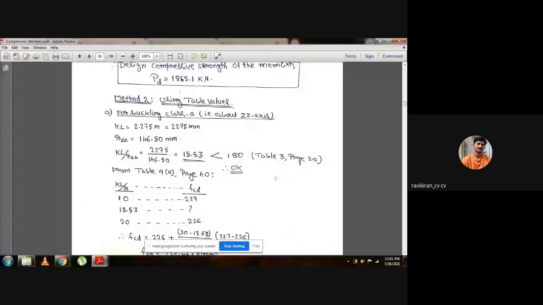In that KL by R, if you do, we will get the value of 15.53, which is less than 180, because what is the starting value of KL by R?